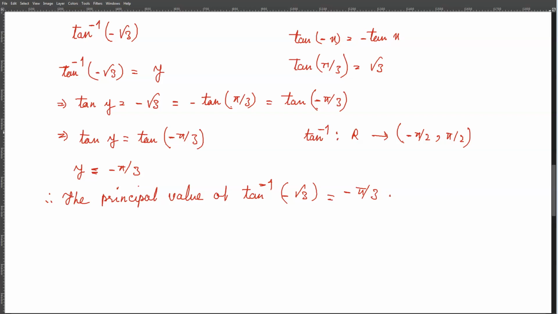Now, question number 5. We want to find the principal value of cos inverse of negative 1 by 2. Cos inverse of negative 1 by 2.